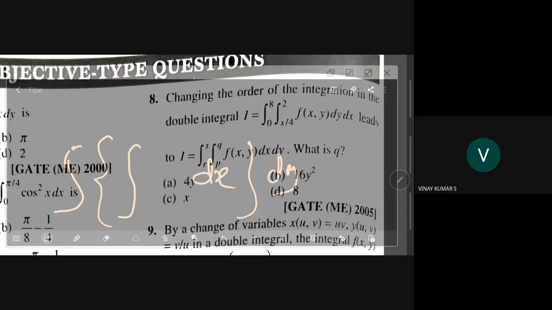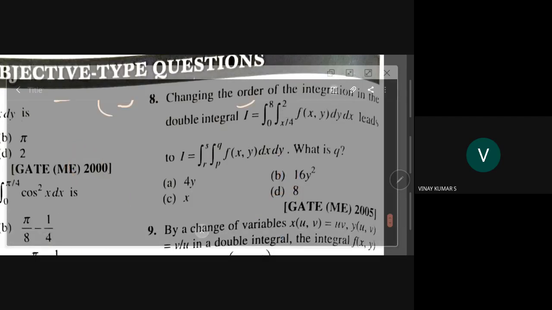But you need to get the region from this integral. That region: with respect to y, you have y-axis here, x-axis here. You are doing with respect to y first, which means parallel to y-axis you have a strip.